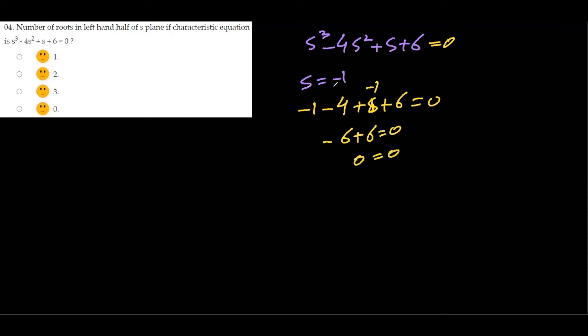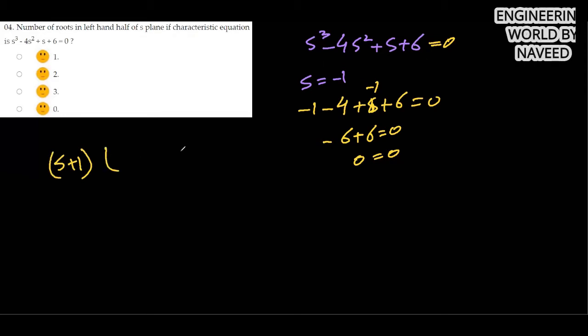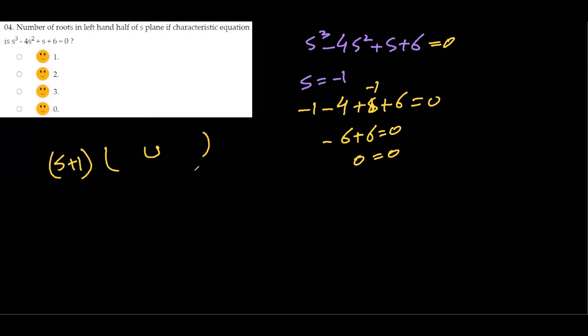Yes, so S equal to minus 1 satisfies this equation. So you can write it like S plus 1 into an unknown. So we need to find this unknown. What I will do is divide this by this, so I will get the unknown. So let's divide it.